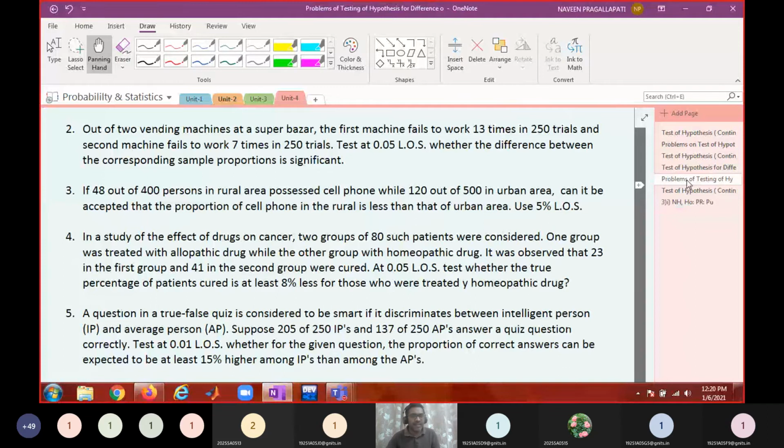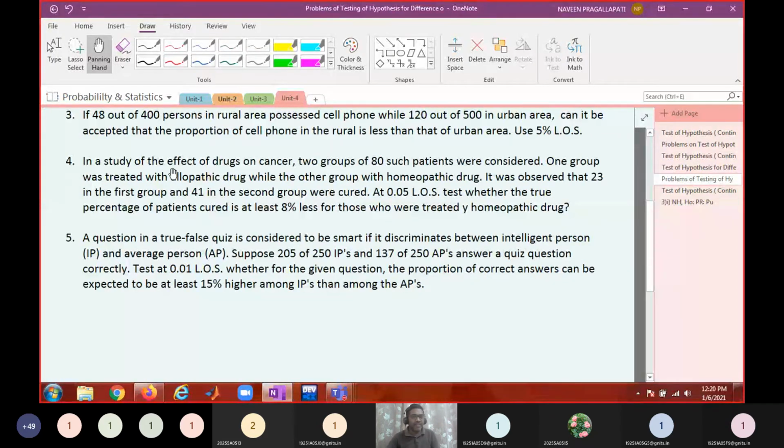So let us see this fourth problem. In a study of the effect of drug on cancer, two groups of 80 patients were considered. One group was treated with allopathic drug, while the other group with homeopathic drug. It was observed that 23 in the first group and 41 in the second group were cured.